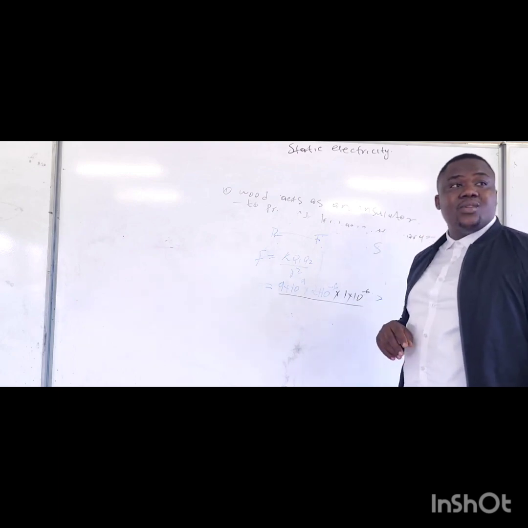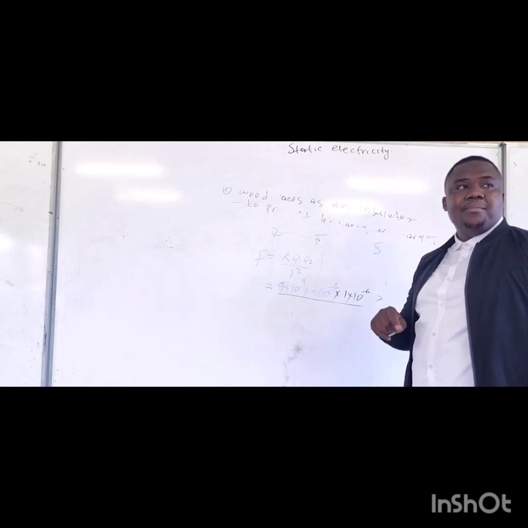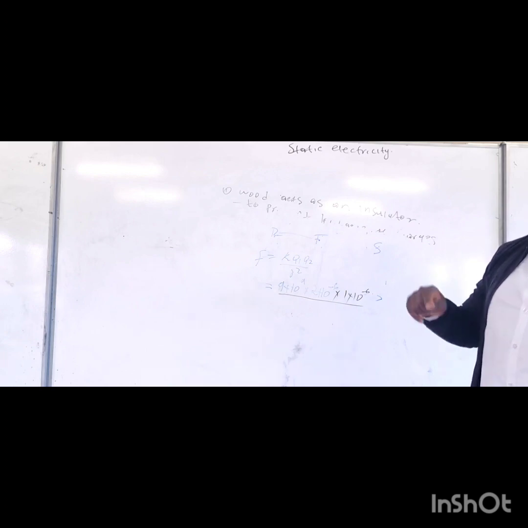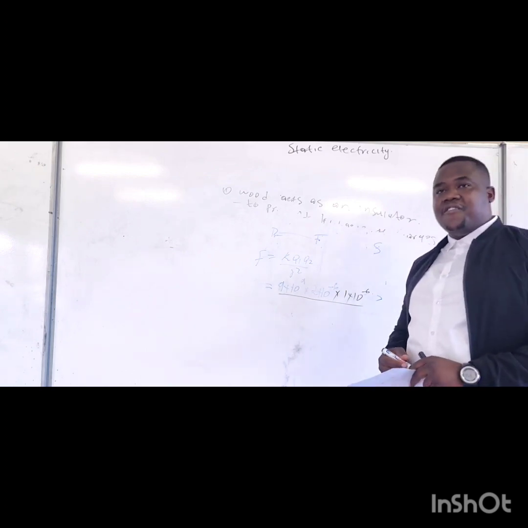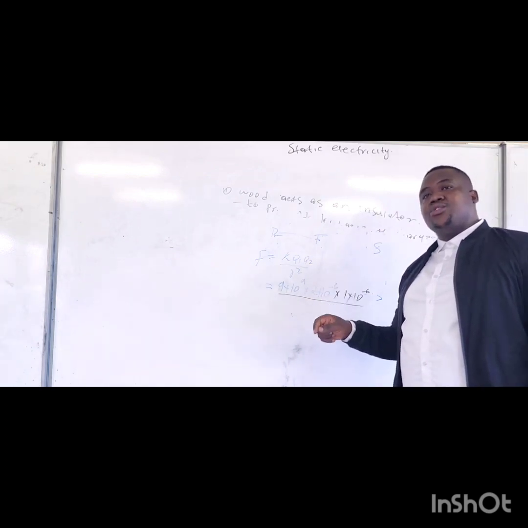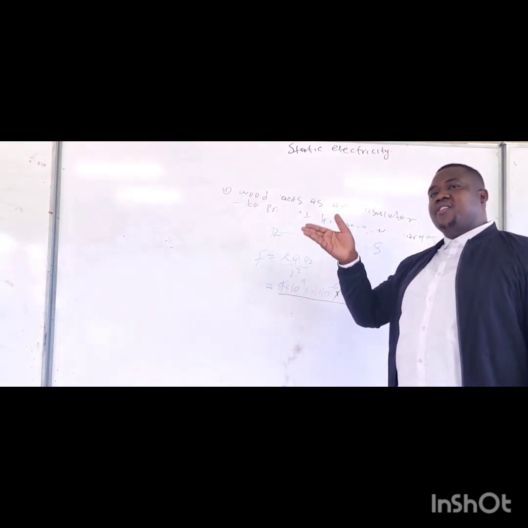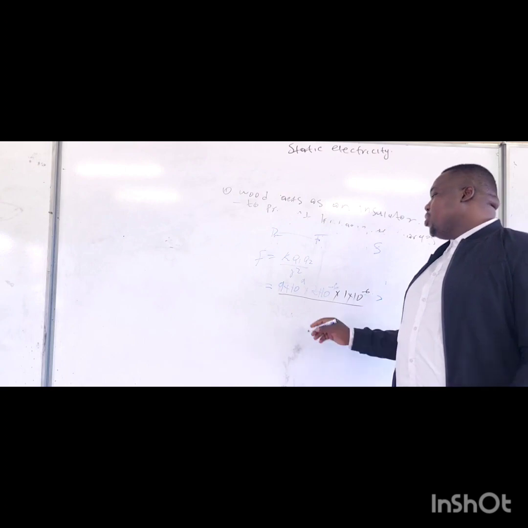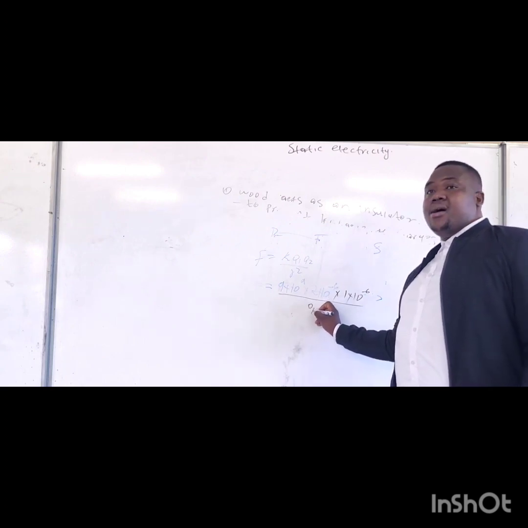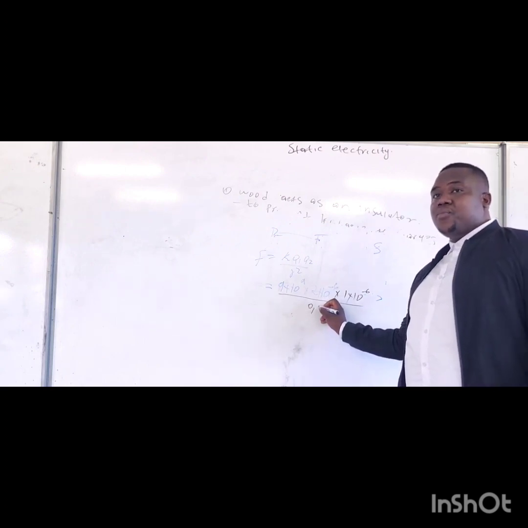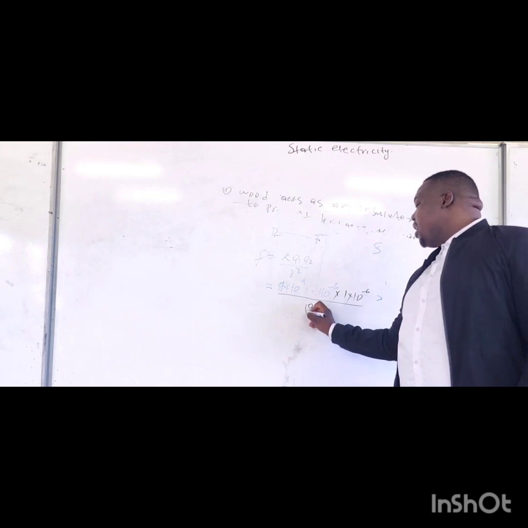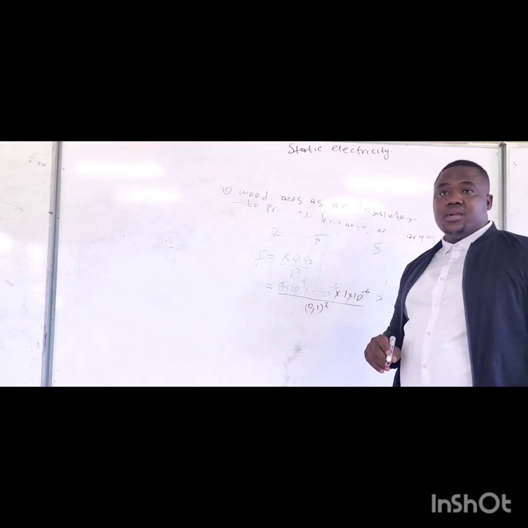I've emphasized that we do not use centimeters, but we use meters. When we convert centimeters to meters, we divide by 100, meaning 10 divided by 100, which will give us 0.1, then we square. Right?